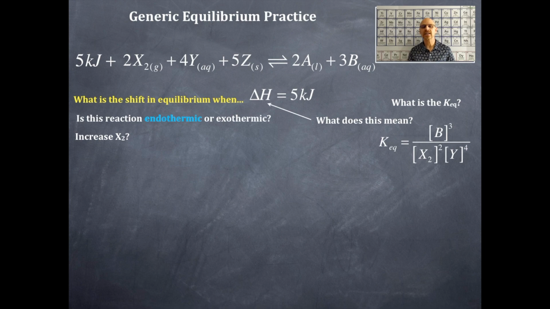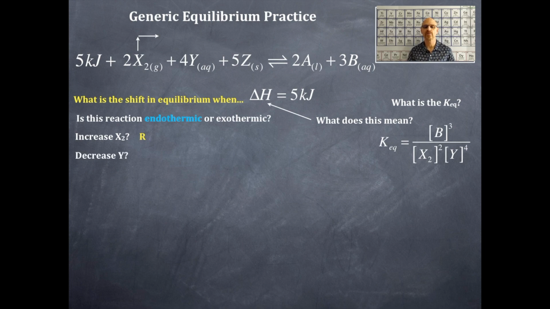If you increase X2, which way will the reaction shift? So I'm going to increase the X2, and then I am going to go up, up, and away. So I'm shifting away from it. Now, you might think that this is going towards products, of which it is, but when you shift towards the products, you decrease the amount of X2. Remember, this is a balancing act based on Le Chatelier's principle. So it's going to be a shift to the right.